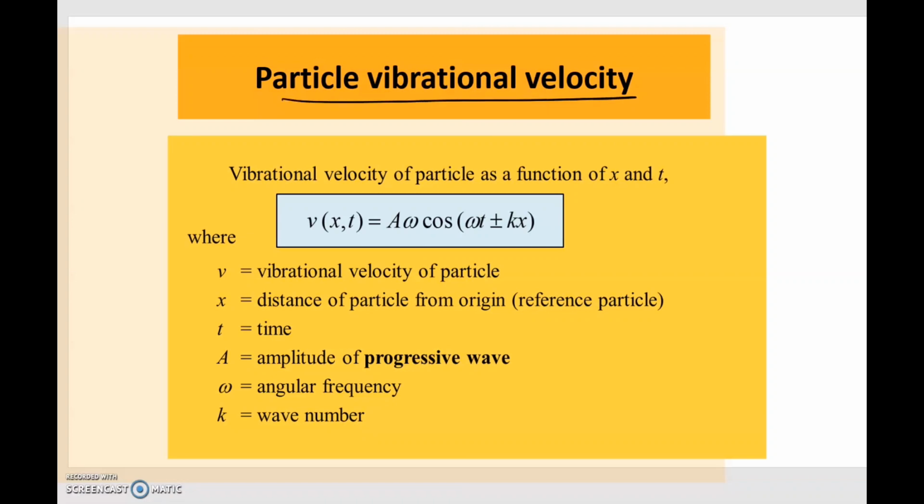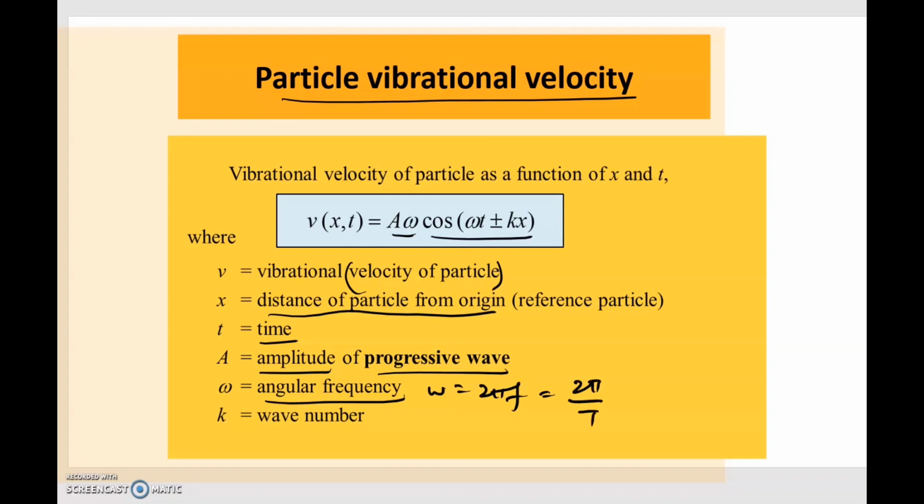For particle vibrational velocity, as I mentioned before, V is equal to a omega cos(omega t ± kx), where V is the vibrational velocity of the particle, x is the distance from the origin, t is time, a is the amplitude for the progressive wave, omega is the angular frequency, where omega is equal to 2 pi f, or equal to 2 pi over T, and the wave number k is equal to 2 pi over lambda.